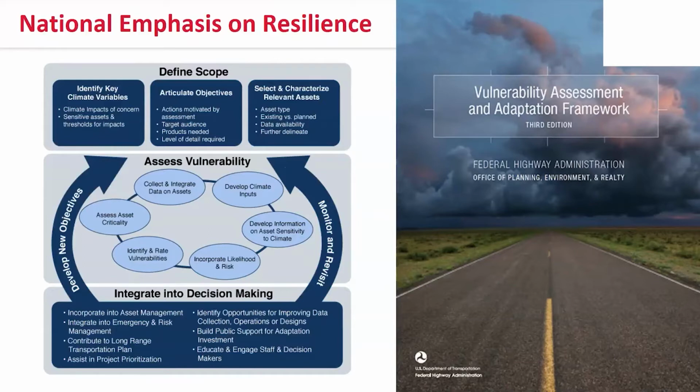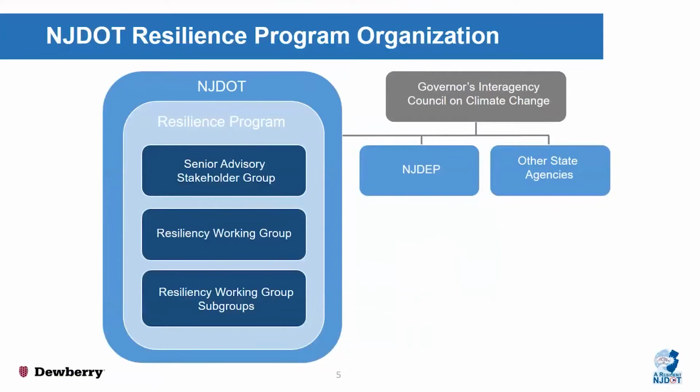And certainly agencies in New Jersey, including the state DOT and our metropolitan planning organizations, have been participating over the years in efforts to increase the resilience of New Jersey's transportation infrastructure. In particular, the NJDOT over the last couple of years, and in particular the last 2 years, has been making a concerted effort to establish a comprehensive and enterprise-wide resilience program throughout all the departments.